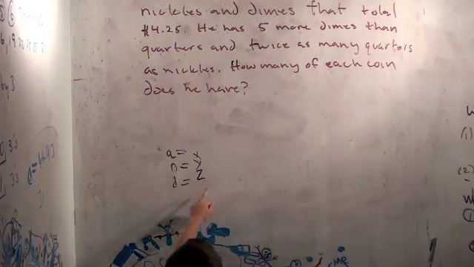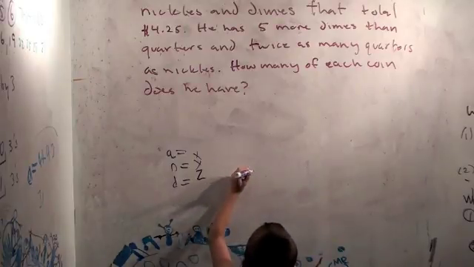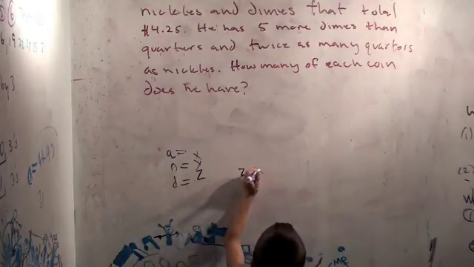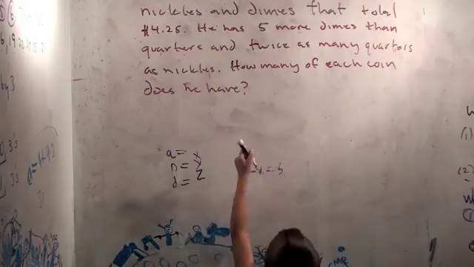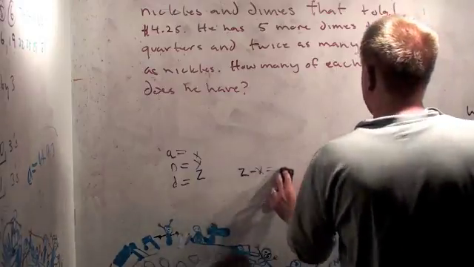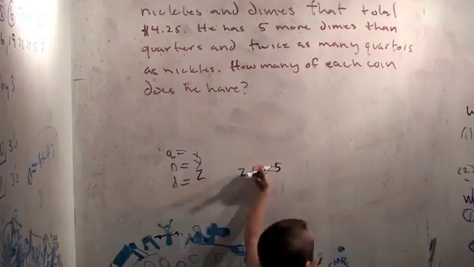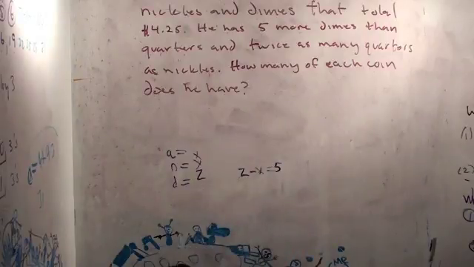So the dimes is Z. Well, I see Z minus X equals 5. He has 5 more dimes than quarters. Please write your 5s properly. So Z minus X equals 5.